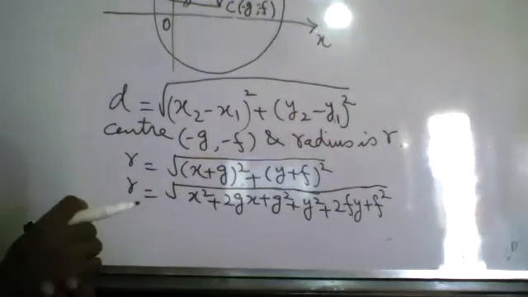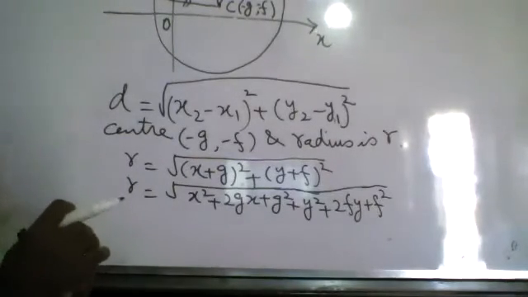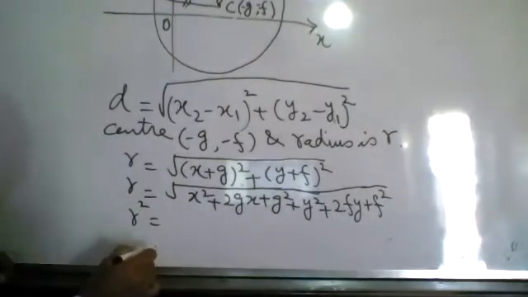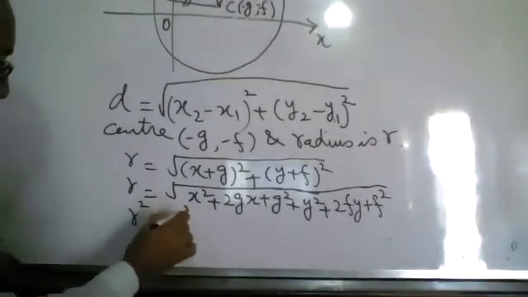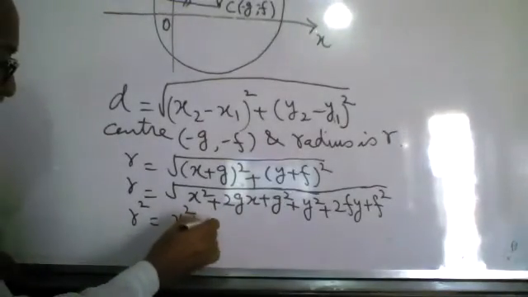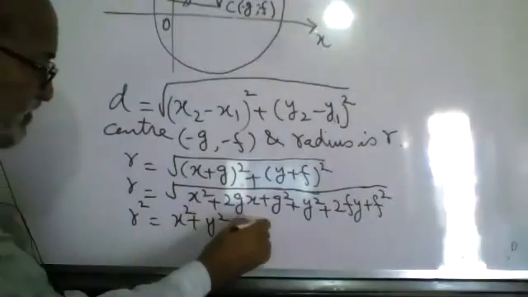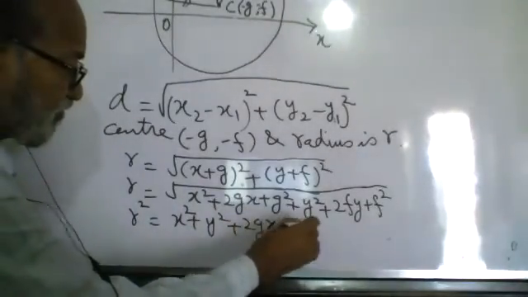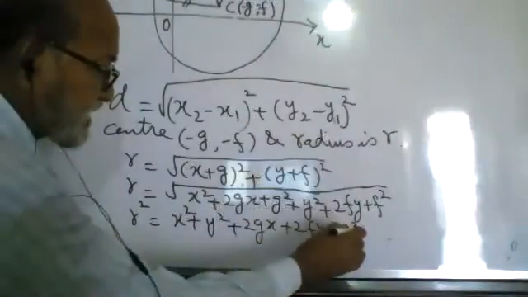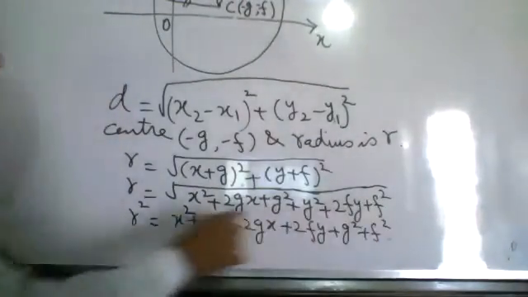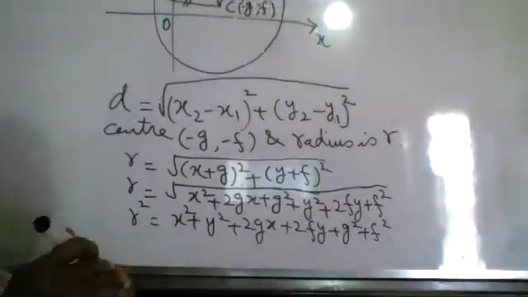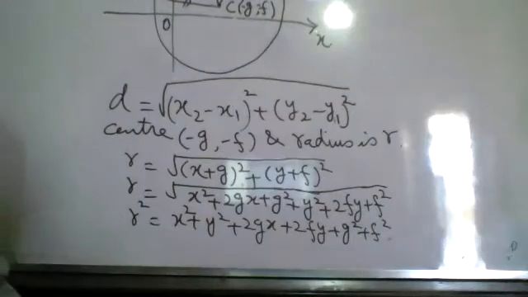Take the square on both sides so that the square root can be removed. So r square is equal to x square plus y square plus 2gx plus 2fy plus g square plus f square. R square will be shifted to the other side so that it becomes equal to 0.